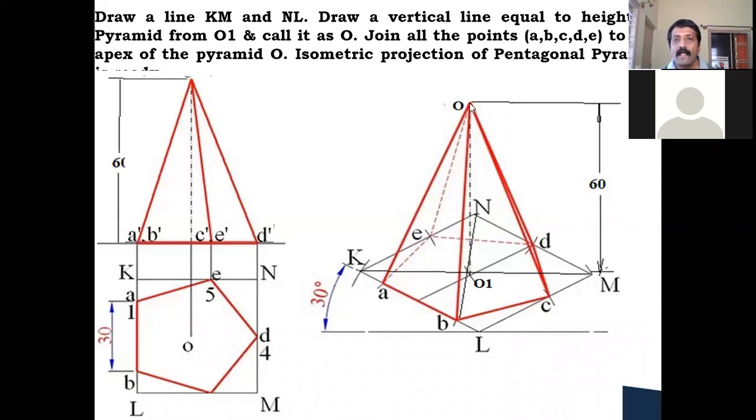That is your apex point or the vertex point, called O, and the base center point I have called O1. Once you find the vertex or the apex, all the corners should be joined to your vertex. So from A to O, B to O, C to O, D to O, and E to O, you join it first with a light line only. At the end, you can make the visible edges and hidden edges.